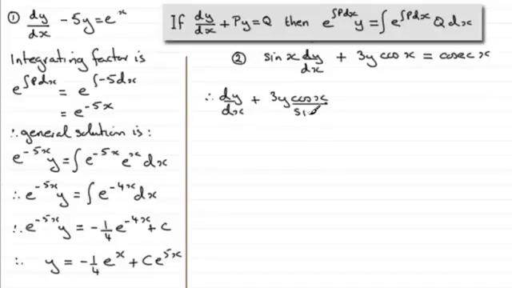I'll leave it like that rather than changing it to the equivalent of cot x for the time being. And then equals, and remember cosec x is 1 over sine x, and if we divide that by another sine x, we end up with 1 over sine squared x.